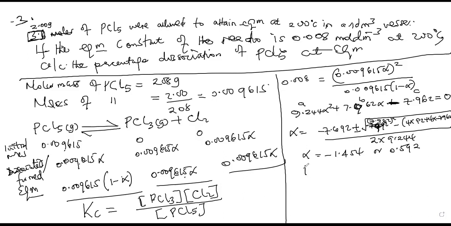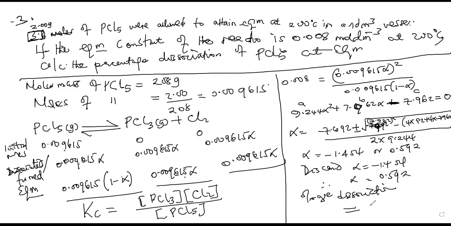So we shall discard alpha equal to negative 1.454, implying that our alpha is 0.592, and they want the percentage. So the percentage dissociation will be equal to 0.592 times 100, which is going to be 59.2%.